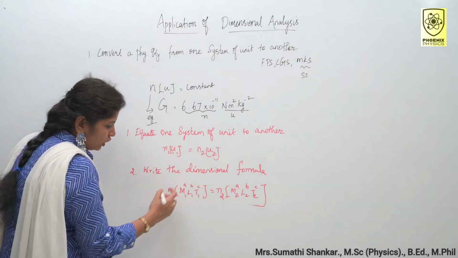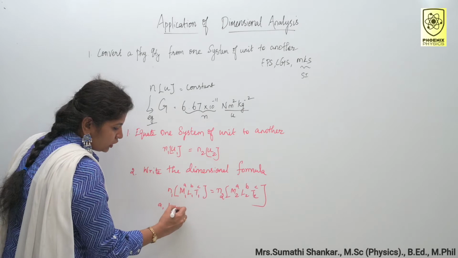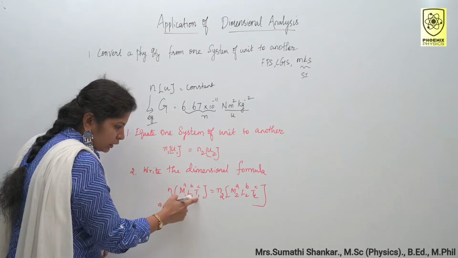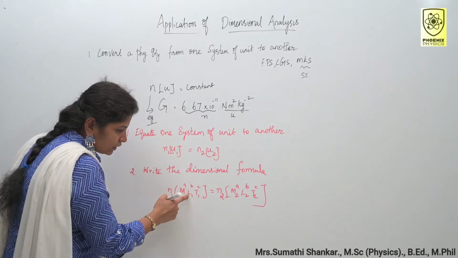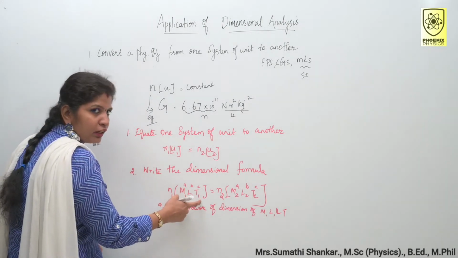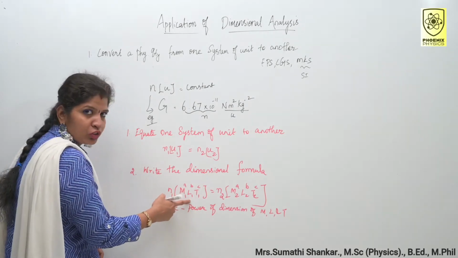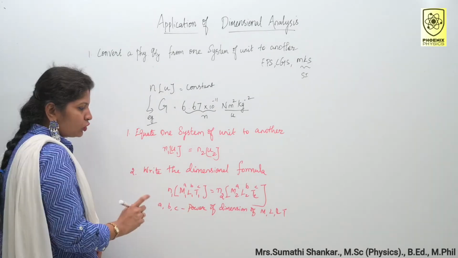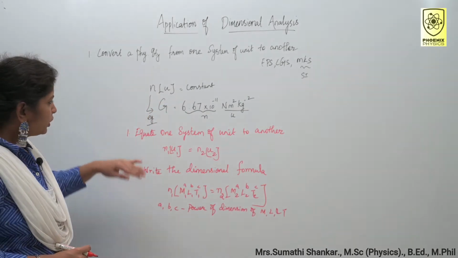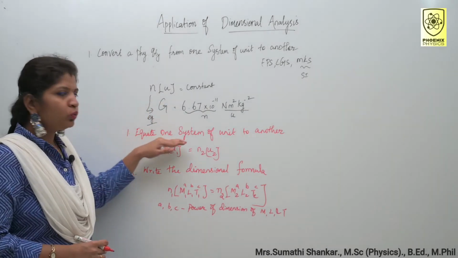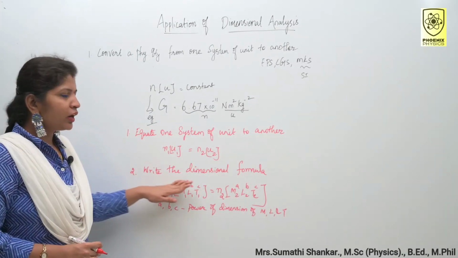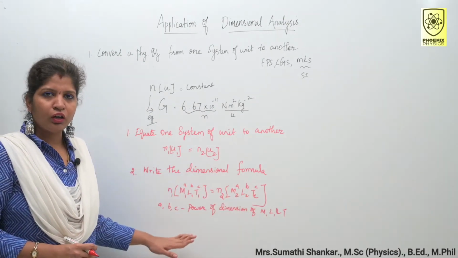Here, what is ABC? This is nothing but the power of dimension of mass, length and time. Then MLT are the dimension of the physical quantity. So, in this first application, first you should equate one system of unit to another, and second step, write the dimensional formula.